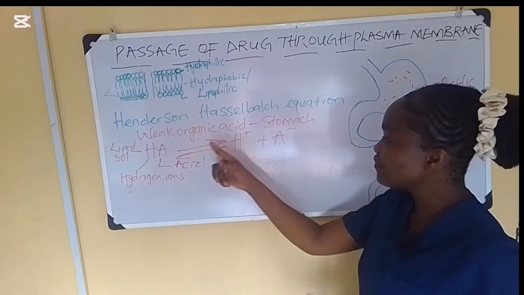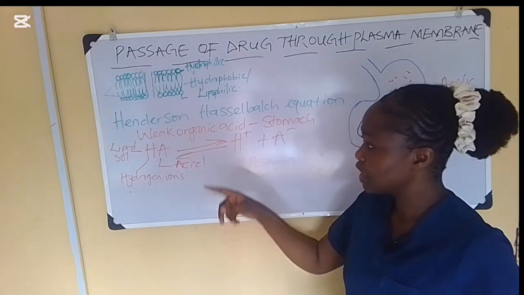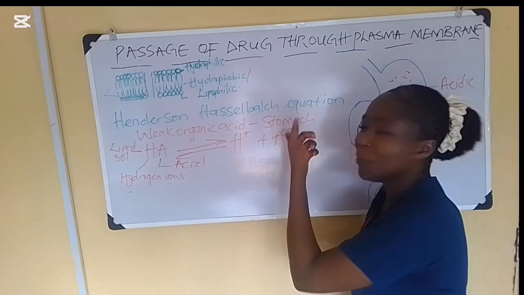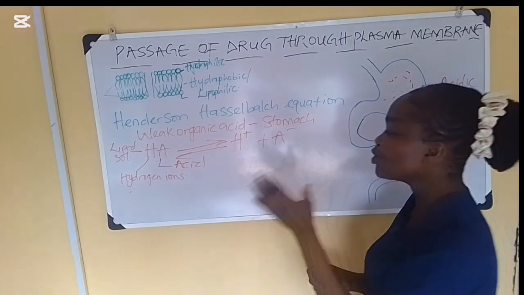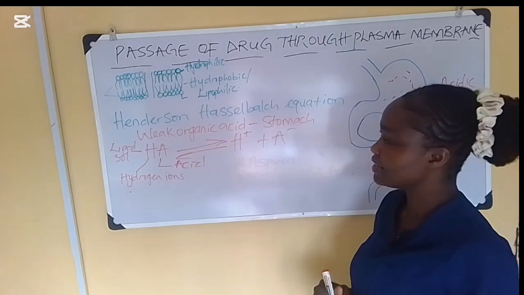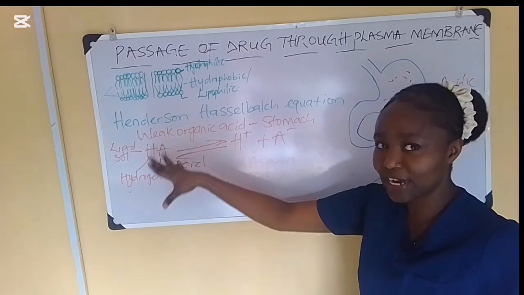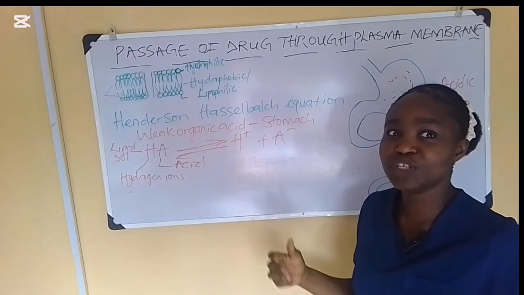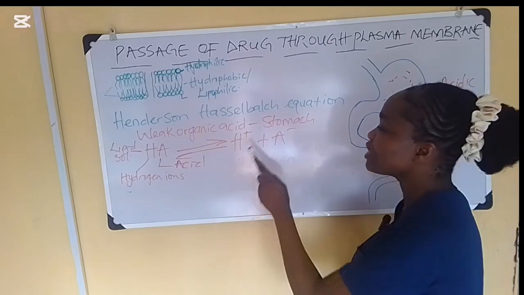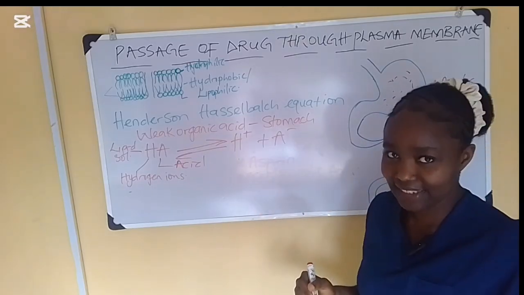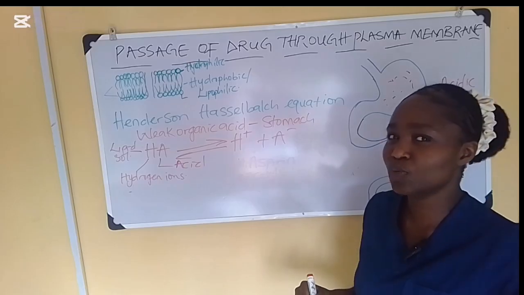If this weak organic acid loses hydrogen ions, it becomes less acidic, so it's no longer acetylsalicylic acid. The acid we have here is our lipid-soluble unionized acetylsalicylic acid, which is basically aspirin. But when it loses some hydrogen ions, it becomes the acetylsalicylate, and this is now water-soluble.